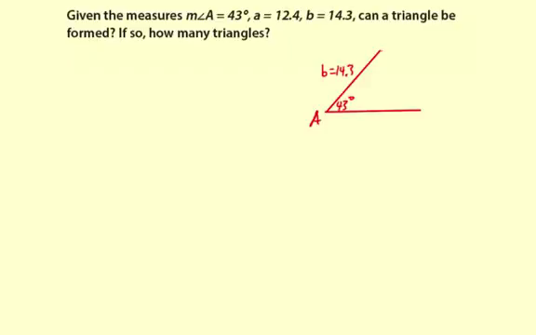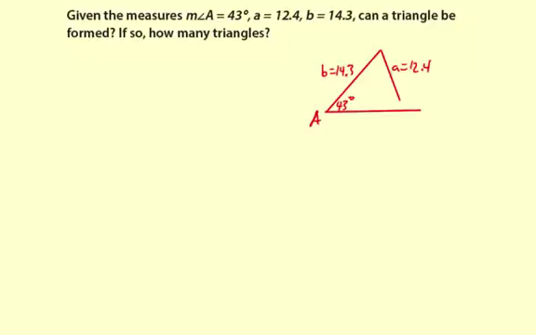Side a is going to be 12.4. So we don't know if there's going to be a triangle formed here or not. So what we need to do, so this a equals 12.4.